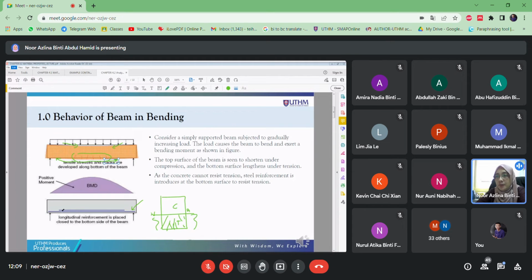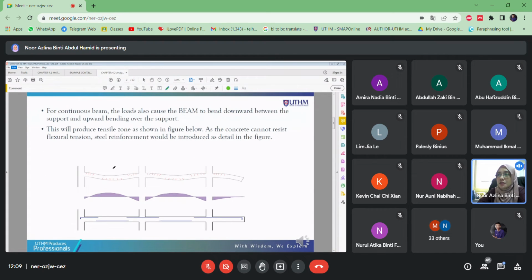So that's why we put the longitudinal reinforcement at the bottom side here. So that is how the beam reacts with the stress, and why steel and concrete is a good combination.